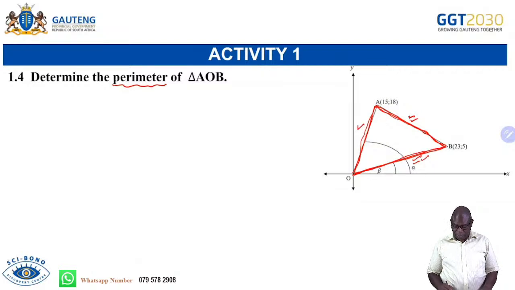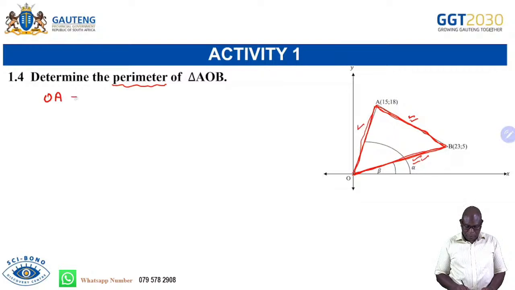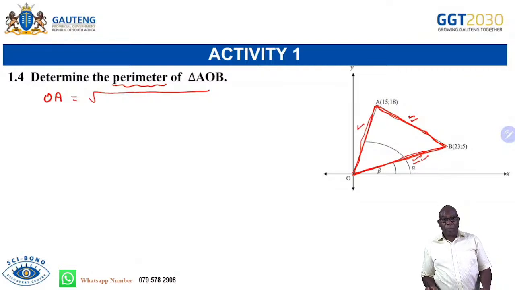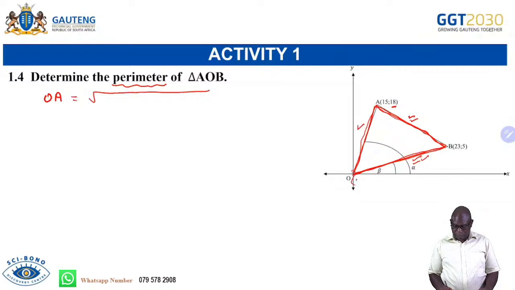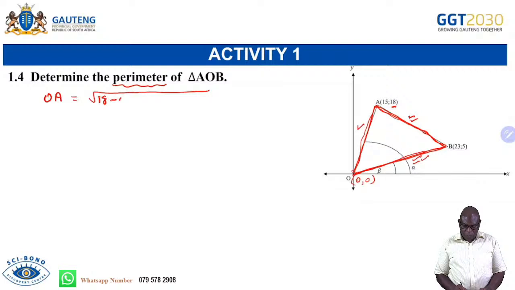So I need to find the length of OA, which means I need to find the distances. So first of all, I'm going to find the length of OA. For me to find the length of OA, remember the formula, it's OA equals the square root of 18 minus 0, all squared, plus 15 minus 0, all squared. Remember, this is 0 and 0.